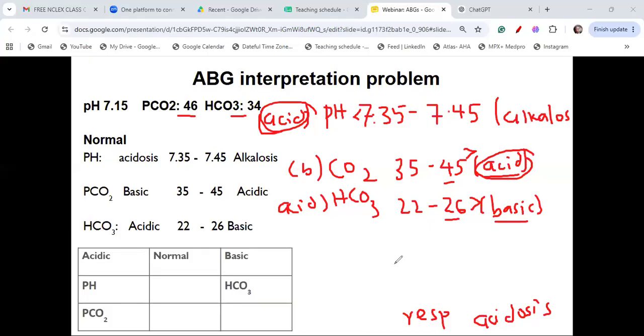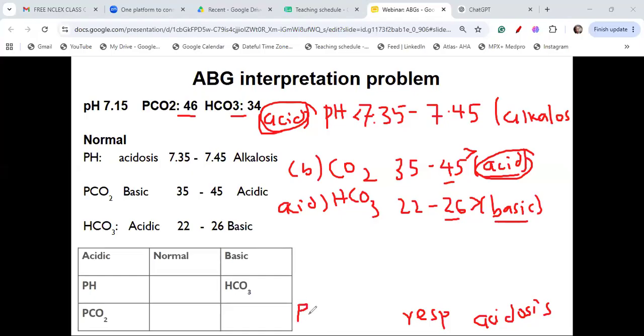Now, the aspect of introducing compensation, I said when your pH is abnormal, your CO2 is abnormal, your bicarbonate is abnormal, we talk about partial compensated.